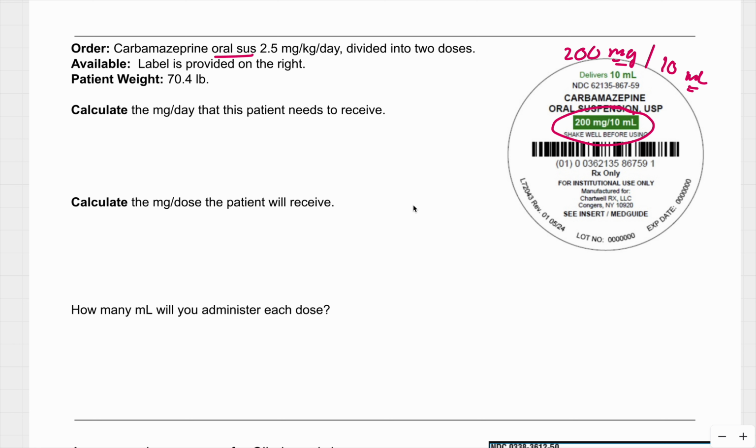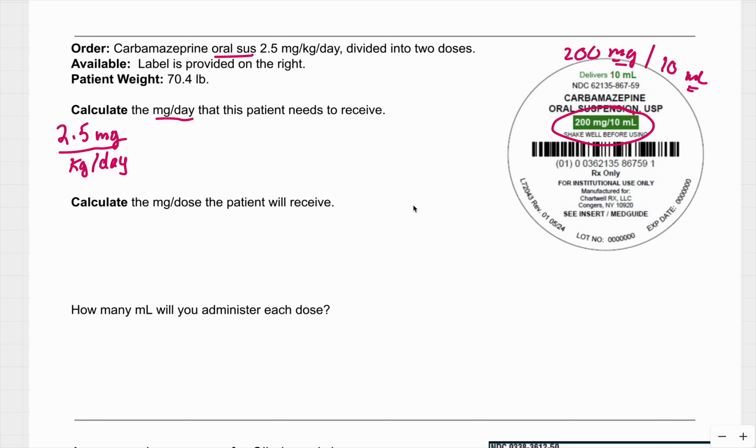Let's calculate the milligrams per day that this patient needs. So this is not involving the medication because I'm just focused on milligrams. The order is they need to receive 2.5 milligrams per kilogram per day. And so that per kilogram per day, we can write as 1 unit in the denominator, but we want to include that fraction bar in the denominator.